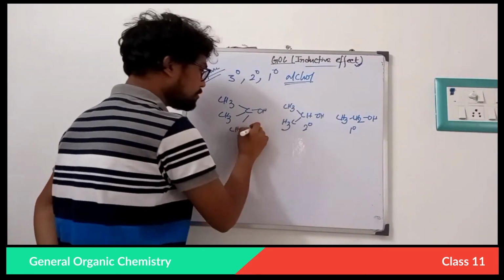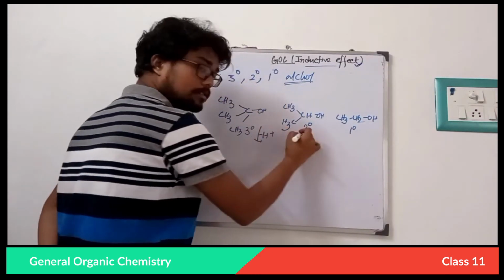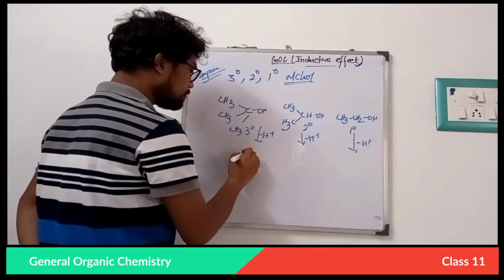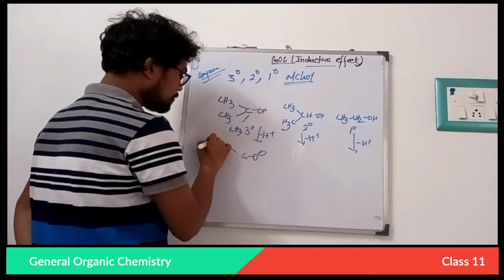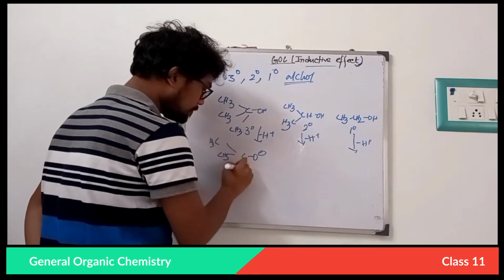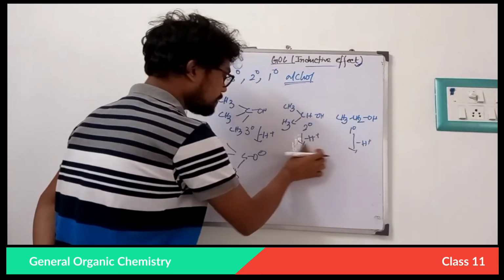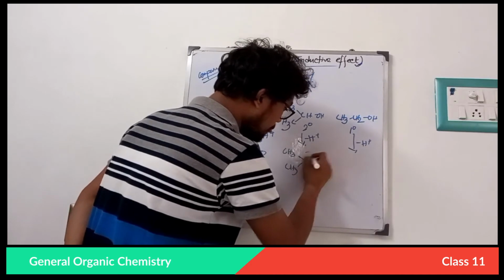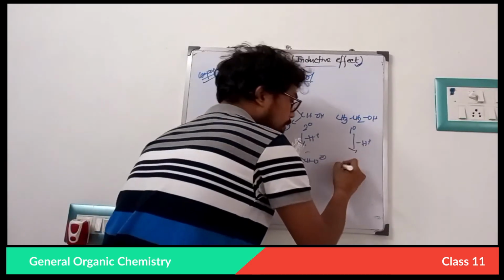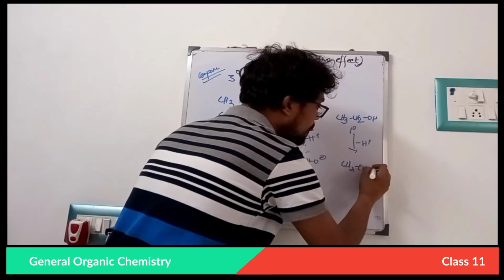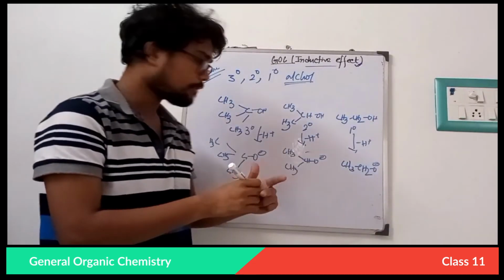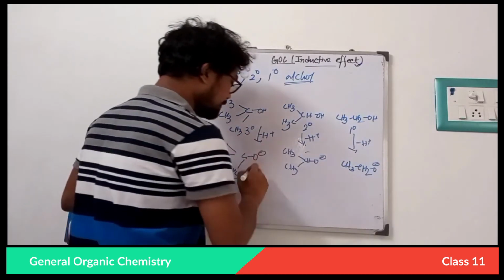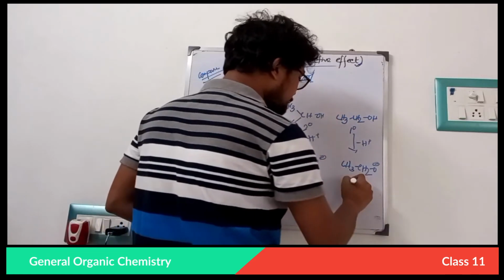Now if each loses its H plus, then what happens? It will look like this. All these alcohols will release H plus ion and become these conjugate bases.